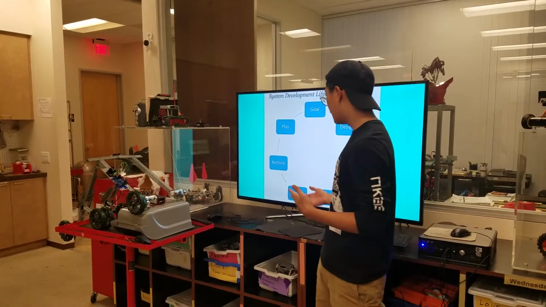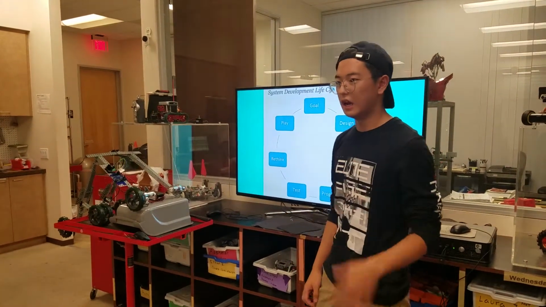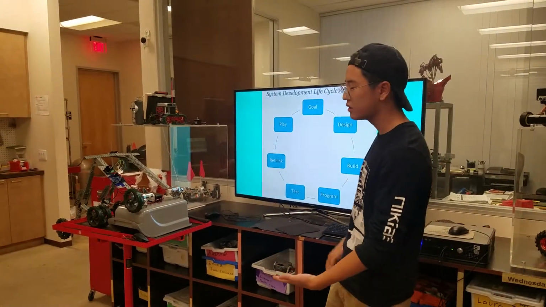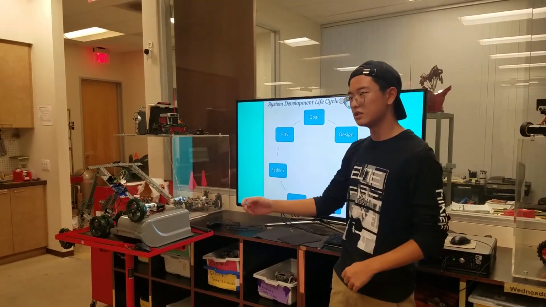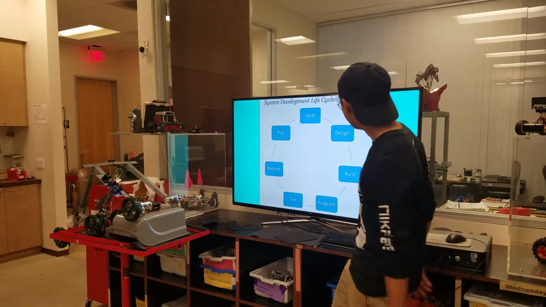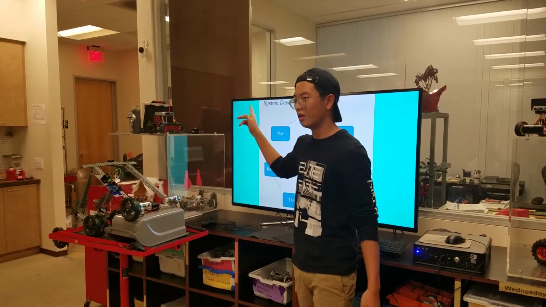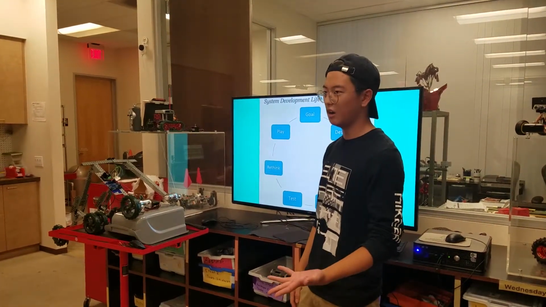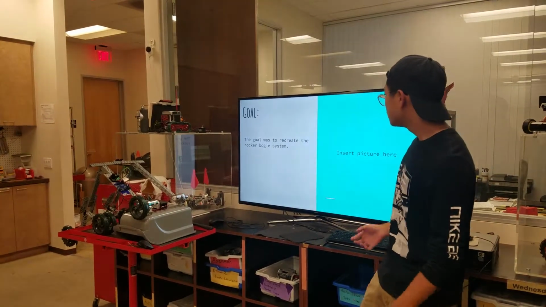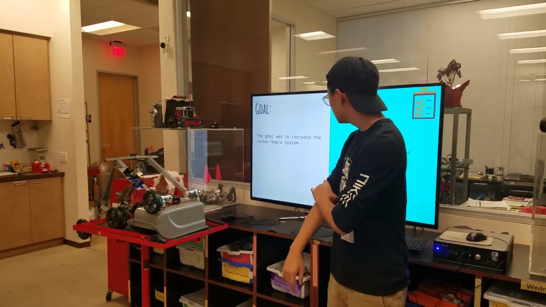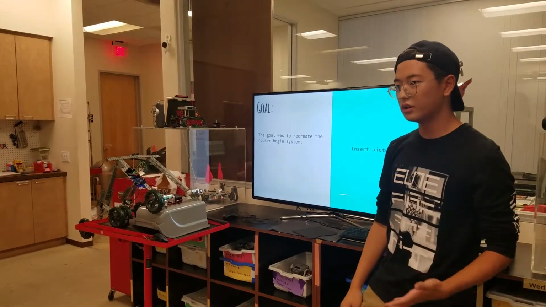At this stage, we think maybe I can add a better processor, better parts, or something like that. Then you continue to play, test it out, maybe give it to some people for beta testing. And you're back to goal again. What could be better, and what could be even better? And so the goal of my project was to integrate the Rocker-bogie system.